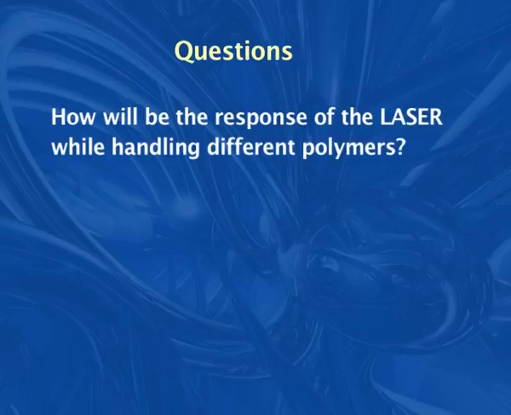Not every polymer will respond to the wavelength of light which we are using, the laser light. If you are using the same laser for all the materials, every material will not respond in a similar way to a particular wavelength. So we need to change the laser for different materials. Even as I said, some machines are manufactured based on the product.